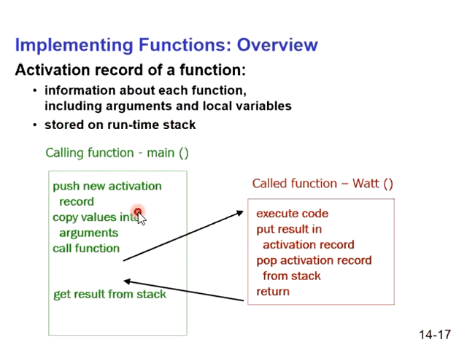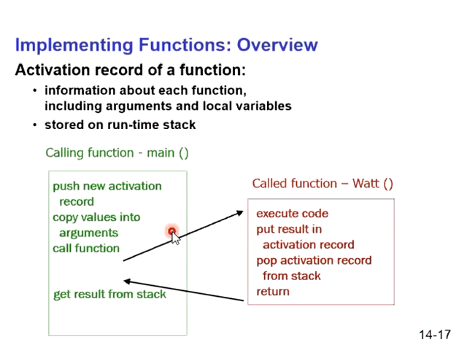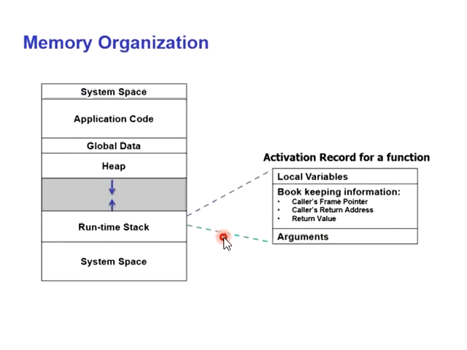Here you have the figure for multiplication. You have the runtime stack, used to store the activation records of functions. Each function has its private activation record, including main, of course, which we put here in the runtime stack.